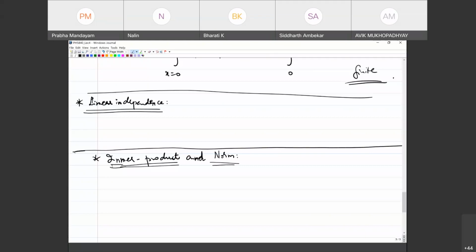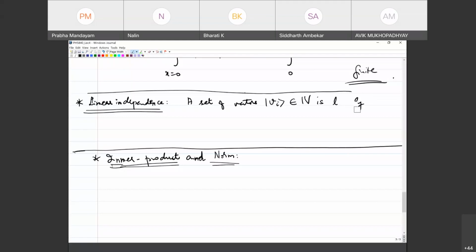So thanks to Avik, let me also define what is linear independence. We say that a set of vectors Vi in a vector space is said to be linearly independent if none of these vectors can be written as a linear combination of the others.